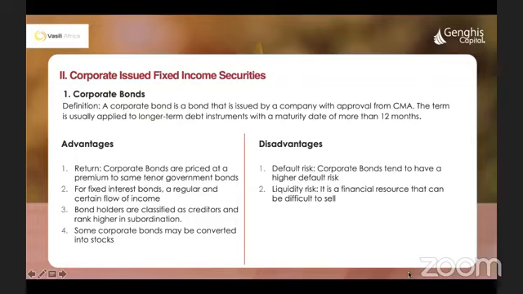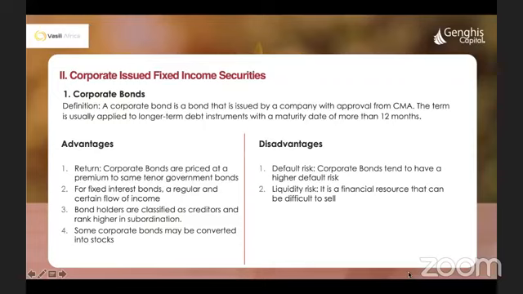So a 5-year corporate bond must earn higher than a 5-year government bond for it to make sense, because you are more comfortable with the government than with a private entity, so you are likely to demand lower from the government compared to what you'll demand from a private entity. So in terms of return, they're actually priced slightly at a premium compared to government instruments.